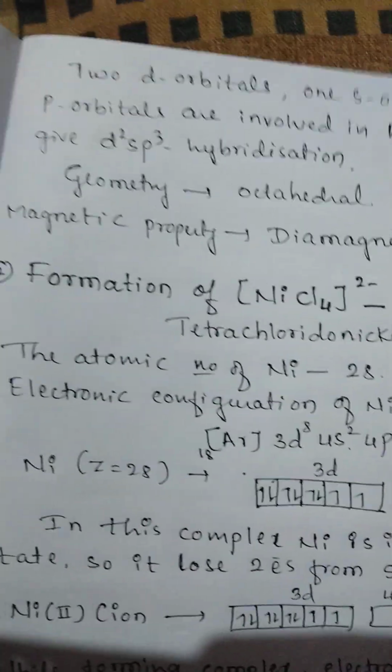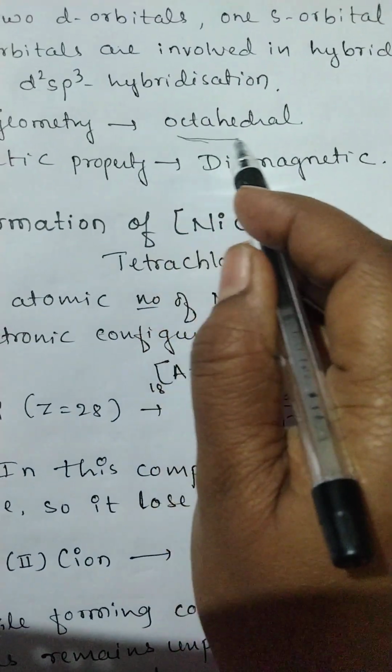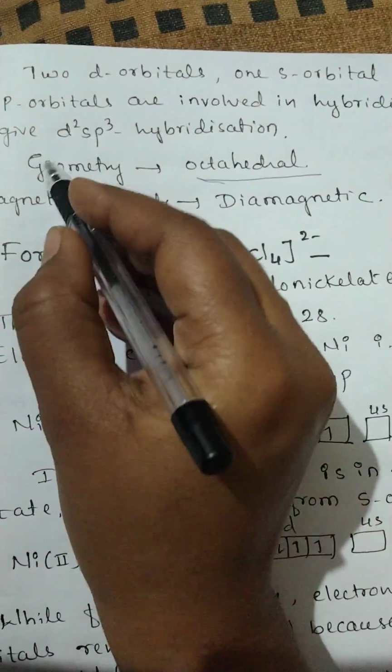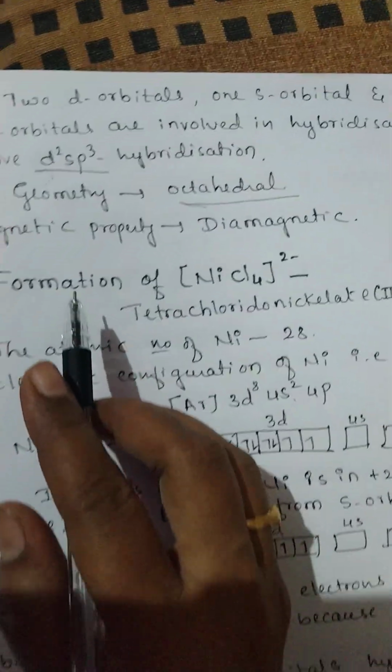Now the geometry of this complex is octahedral. What about the hybridization? It is d2sp3 hybridization.